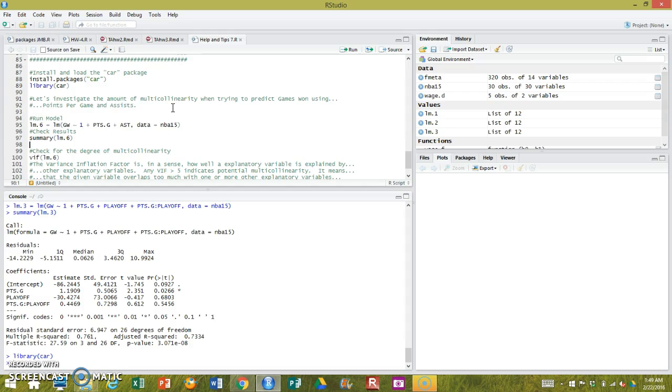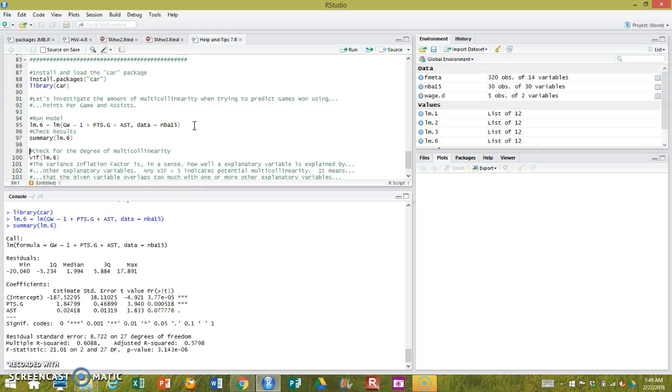And let's do one example here. Let's say I want to predict the number of games won using points per game and the number of assists that a team has. Assists is a basketball statistic. So if I run that model of points per game and assists, check the output.